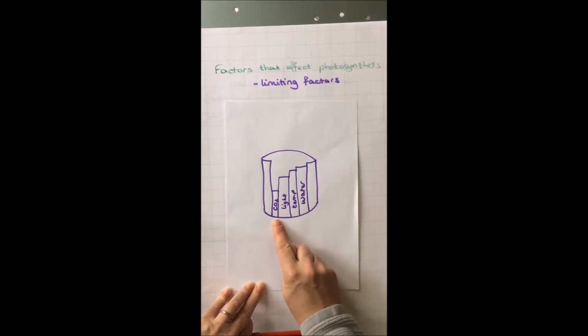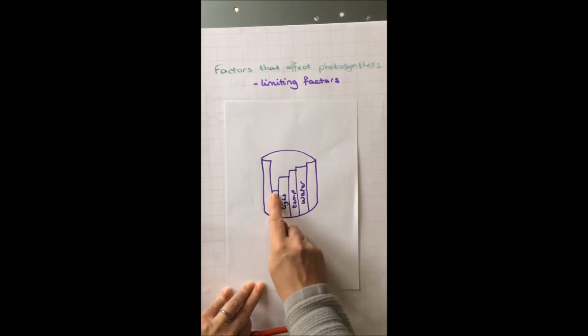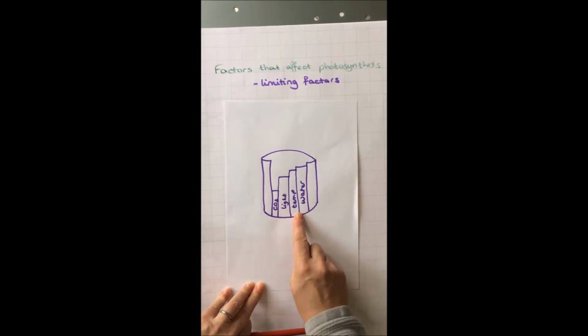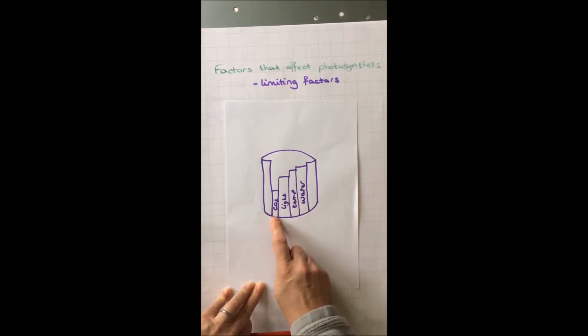Okay, so at this point here, carbon dioxide is my limiting factor. There's plenty of light, temperature's good, there's plenty of water in the environment, but actually I can only go this far with my reaction, and the carbon dioxide is my limiting factor.